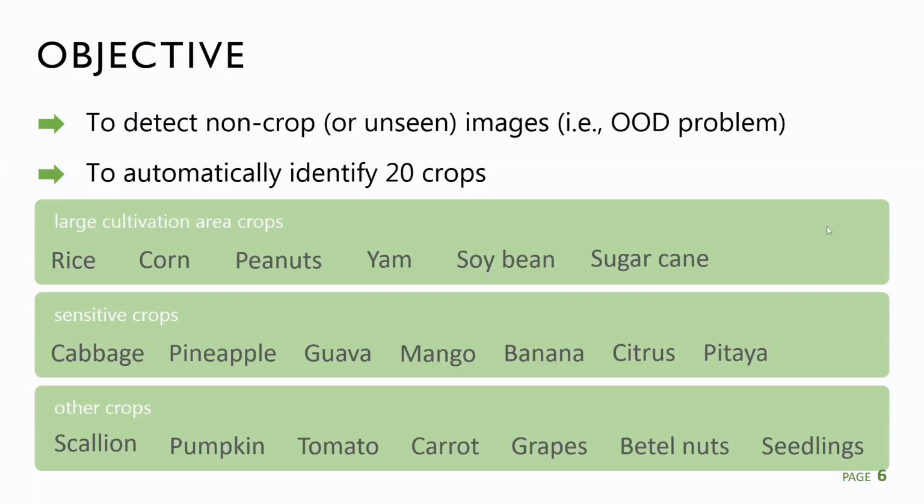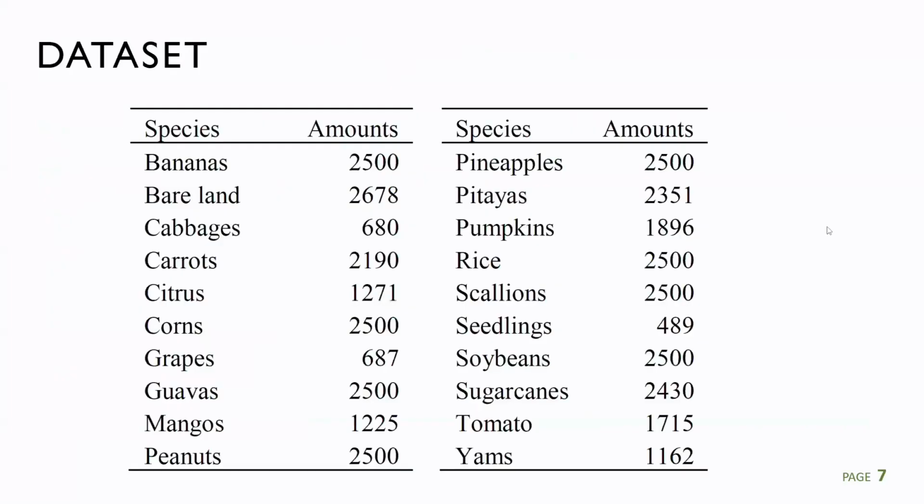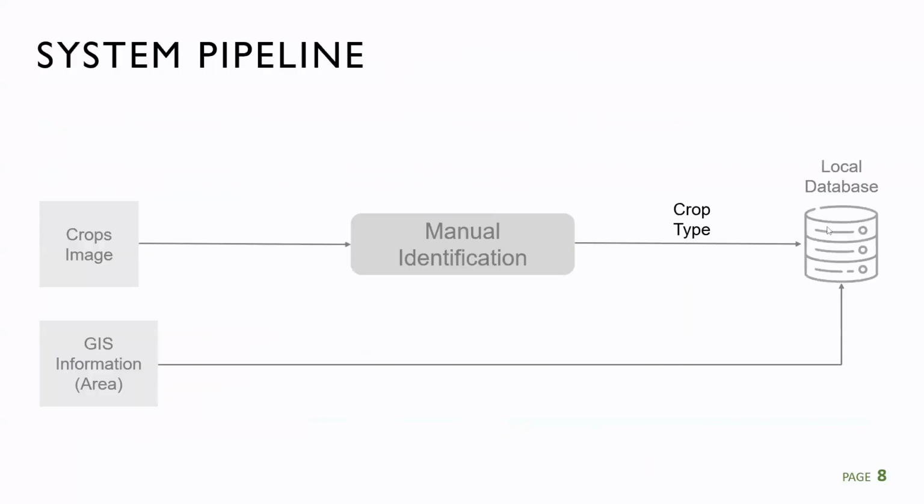You can see corn, rice, peanuts, yam, soybean, and so on. We have 20 in total, and for each crop we collect from 600 up to 2,500 images. In total we have more than 30,000 if I recall correctly. So we collected a lot of images.